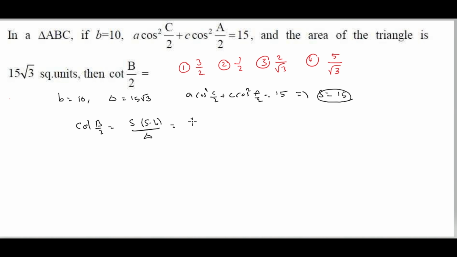The s value is 15, 15 minus b is 10, by delta, that is 15 root 3. Here 15, 15 cancel, that is 15 minus 10, that is equal to 5 by root 3. So the value of cot B by 2 is 5 by root 3. That is the fourth option, the correct answer. That is the answer.